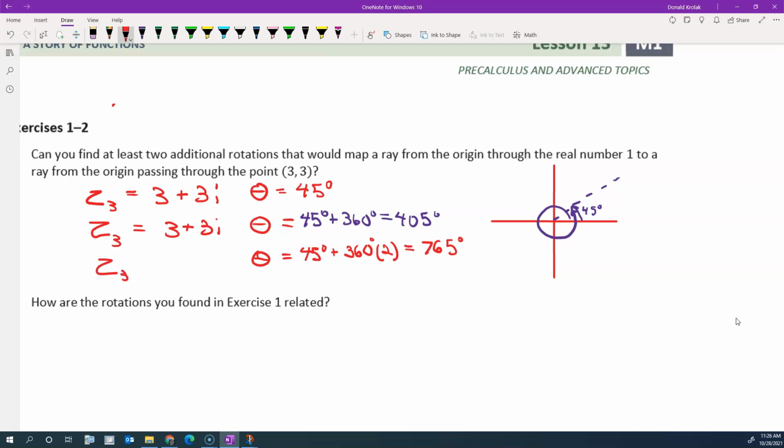You could keep going. Just keep adding multiples of 360. If I took my original angle and added multiples of 360, I'm going to get another angle. So it says find at least two. Well, there's actually infinite rotations.